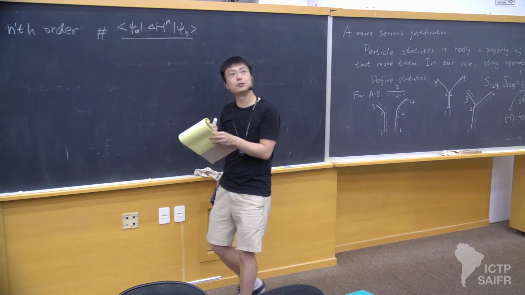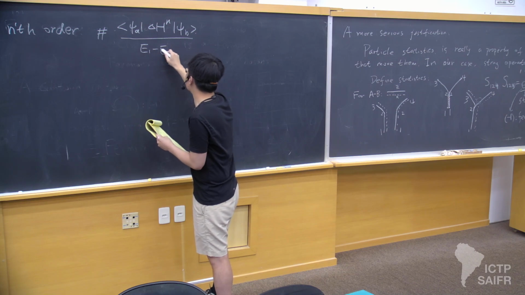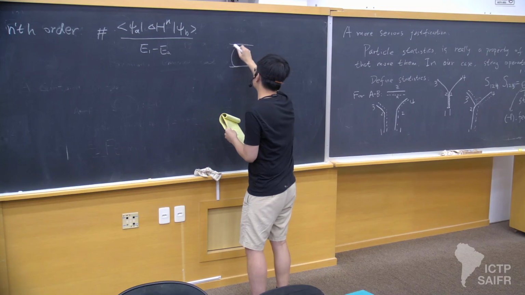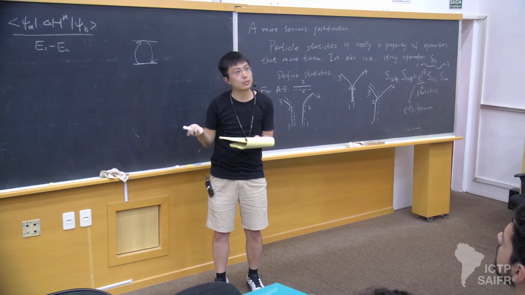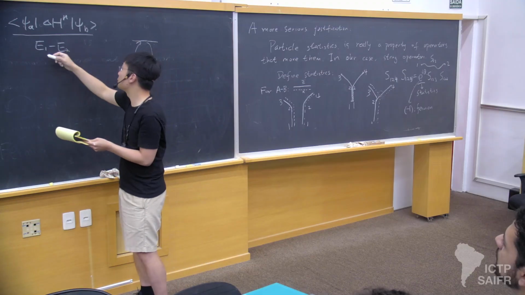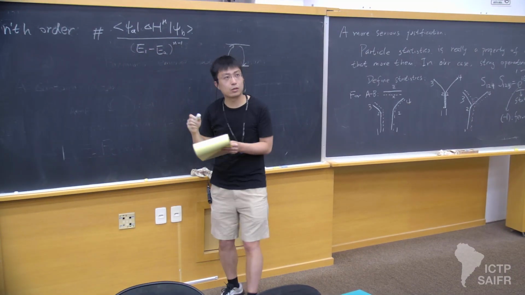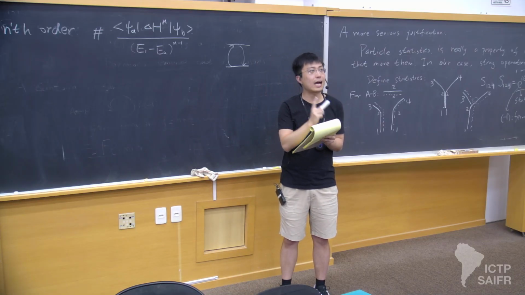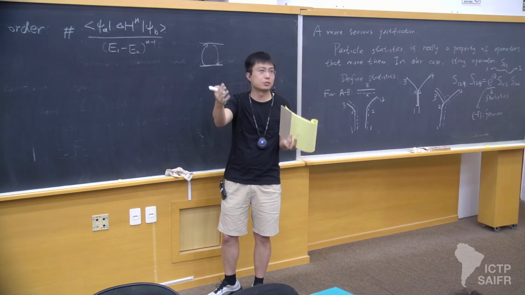For example, if you do second order perturbation, the denominator will be something like E1 minus E0. You think of it as the energy first takes you from ground state to some excited state and then eventually comes back to ground state. That's the process we're talking about. And if it's nth order, roughly speaking, it's some n minus 1th power. But the important thing is, we also know that the gap is finite. So this E1 minus E0 is at least something like 4 or something.